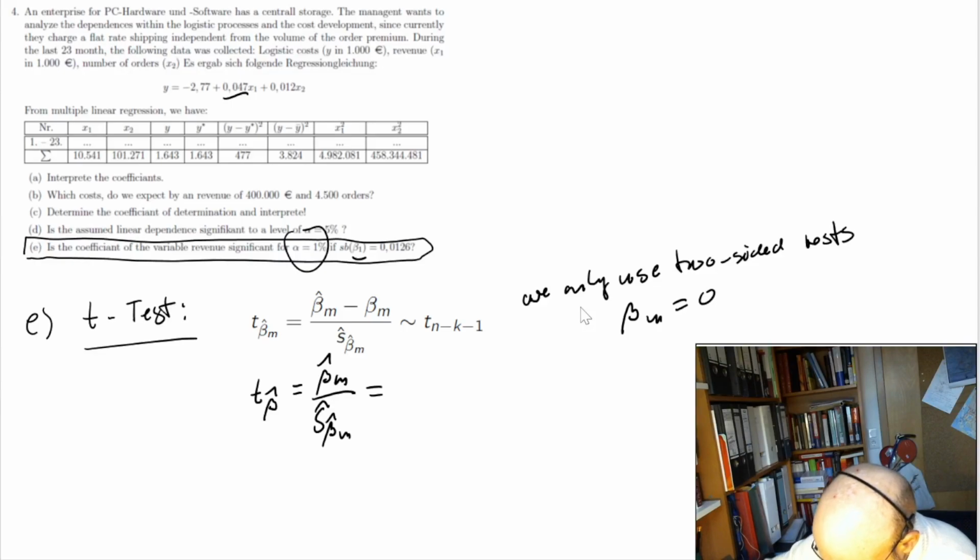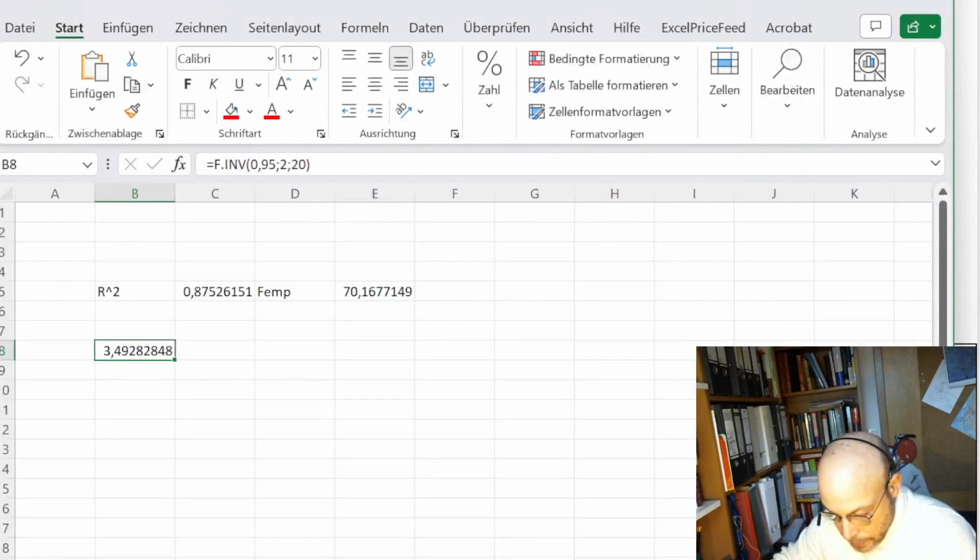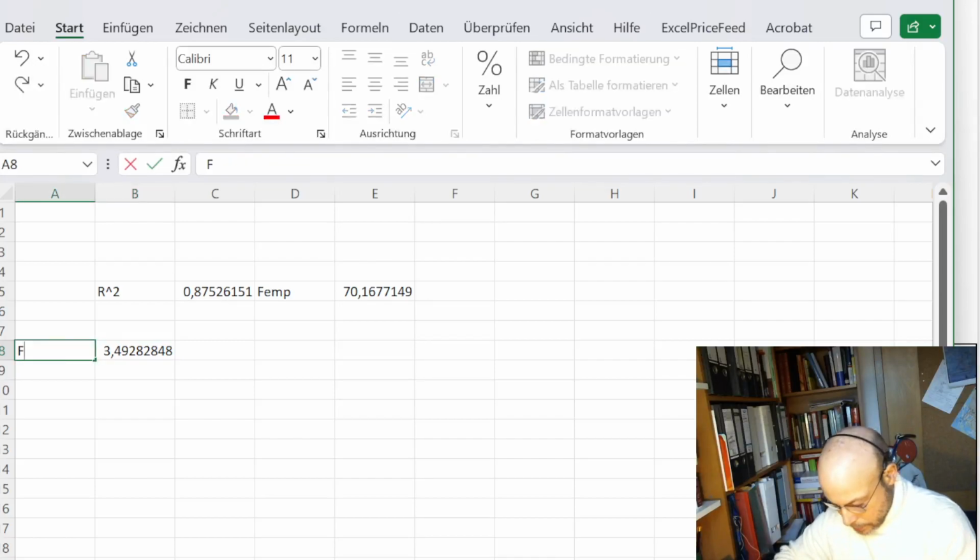So it is 0.047 divided by the standard error 0.01267.